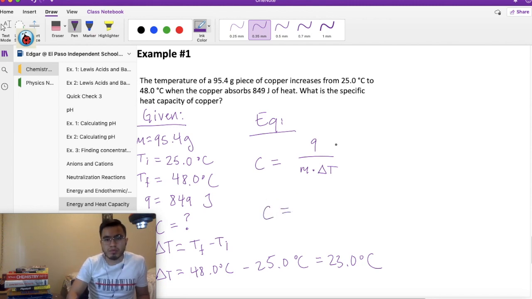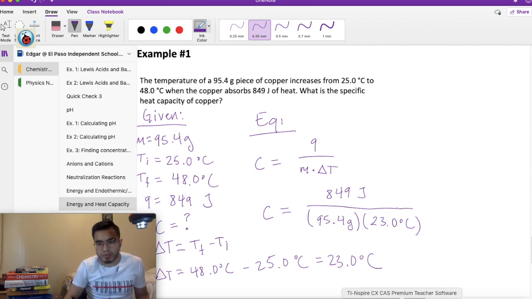C equals Q, that would be 849 joules. So 849 joules divided by these parentheses, so you can see the multiplication. Mass 95.4 grams times delta T 23 degrees Celsius parentheses.